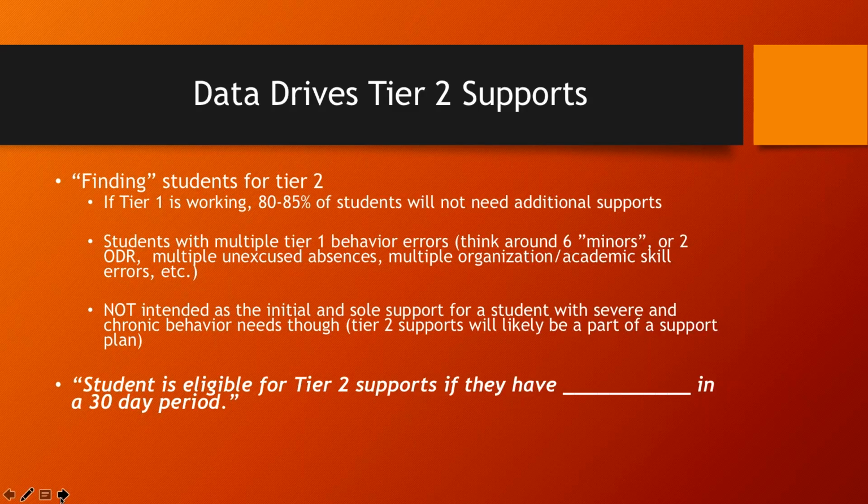So the student that we know Tier 1 isn't quite clicking for because they've surfaced a little bit, those are the students that we're really kind of thinking about how do we scoop them up, how do we find them, how do we plug them into intervention.